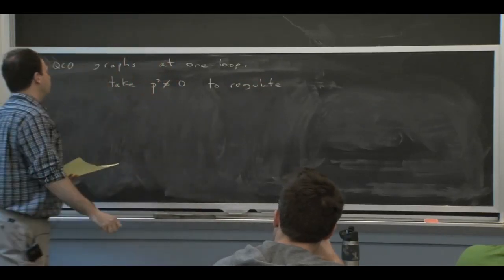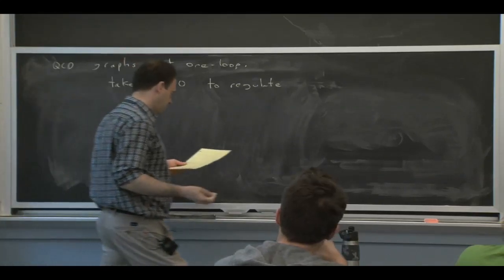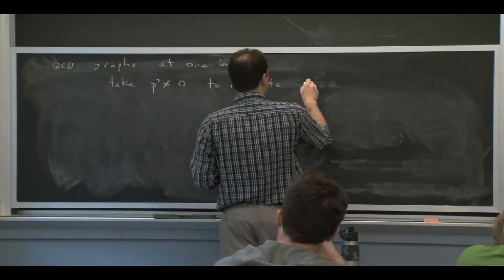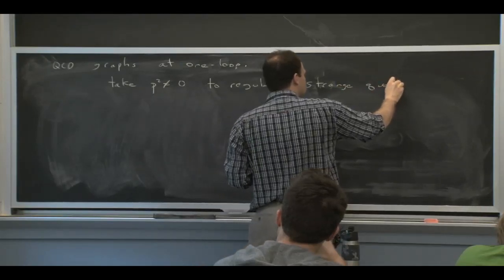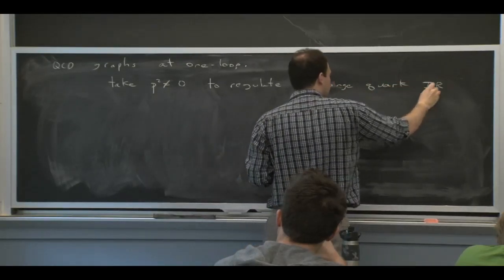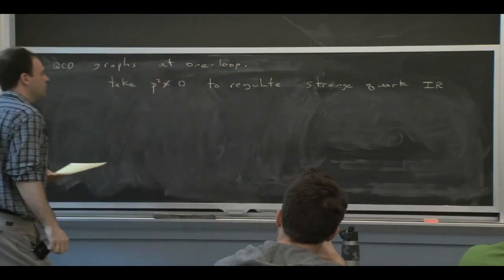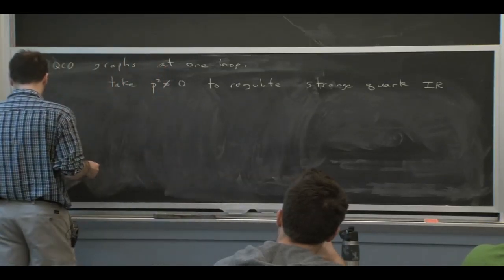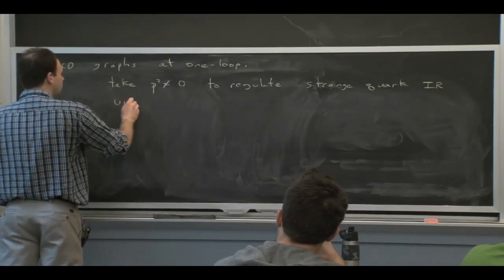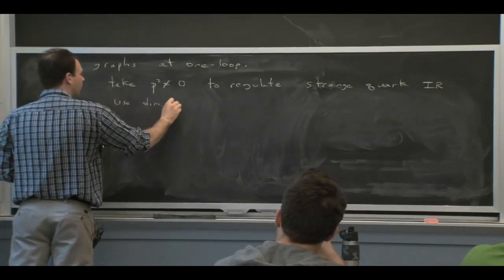So I'm going to take p squared not equal to 0 for the strange quark. So there's infrared divergences associated with the strange quark, and I'm going to take p squared not equal to 0 for them. I'm going to use dim reg for the heavy quark.